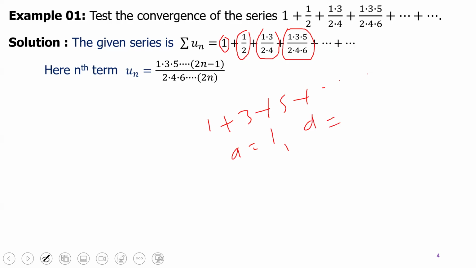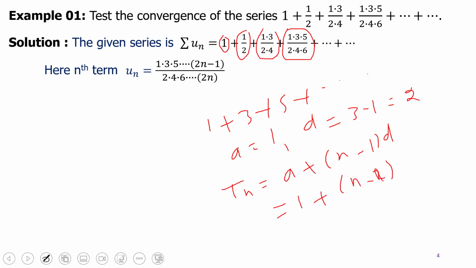Common difference d is equal to 3 minus 1, which is 2. So Tn is equal to a plus n minus 1 times d. A is equal to 1 and d is equal to 2. It gives us 1 plus 2n minus 2, which is equal to 2n minus 1. So the nth term will be 2n minus 1.